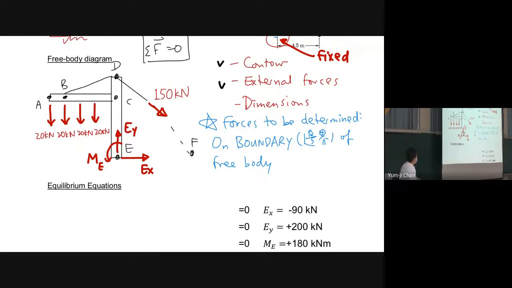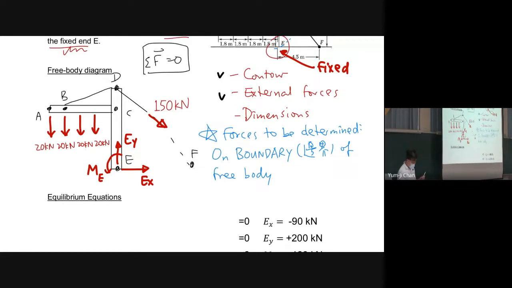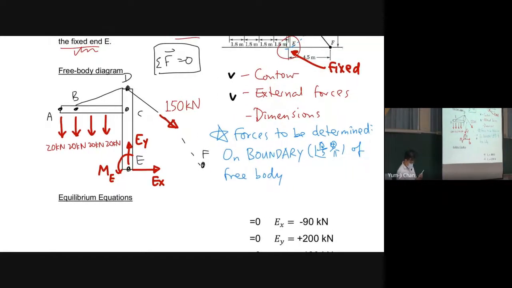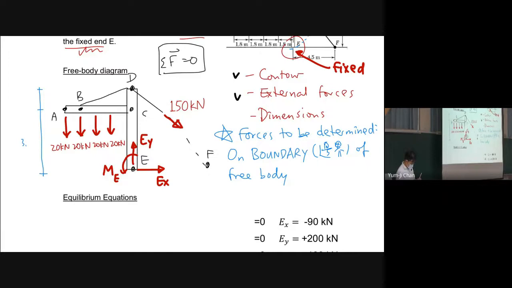And the last thing is that we need to write some key dimensions. So we have these distances, these dimensions, and this one is 1.8 meters each. And what else?